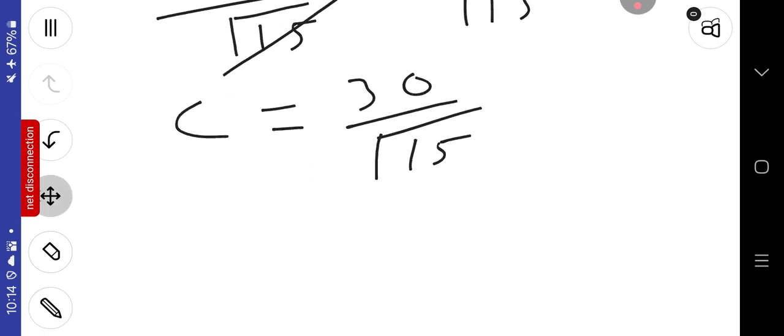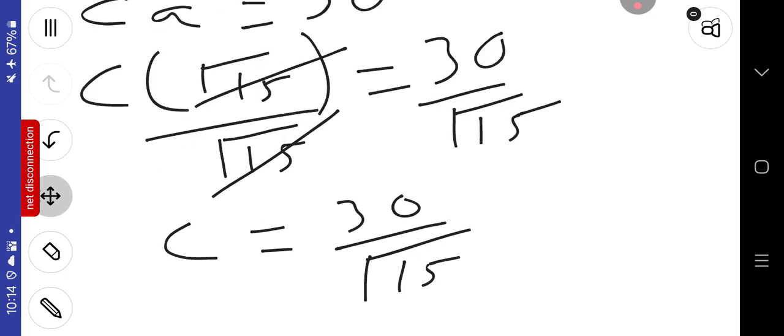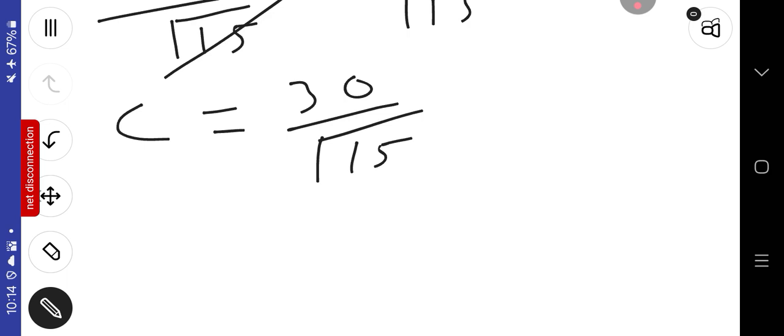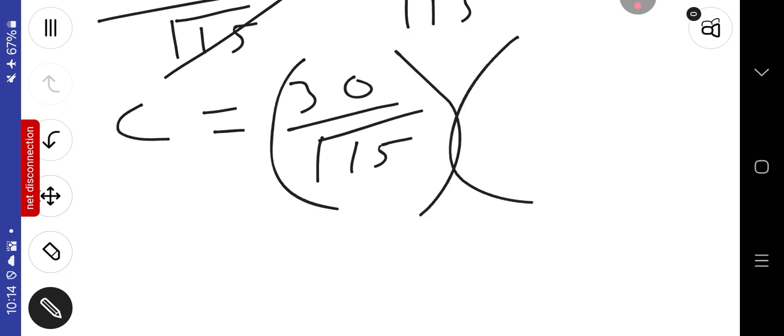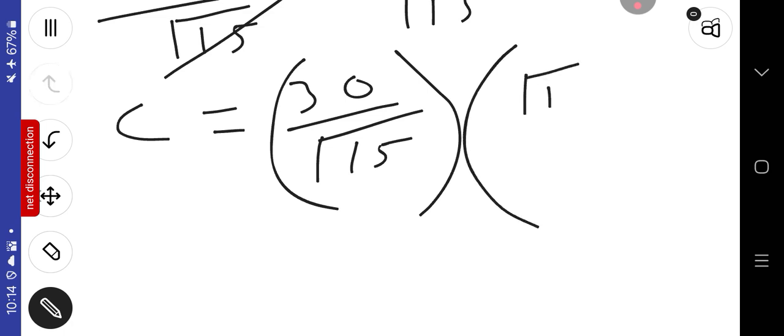Now we are going to rationalize. So you're going to multiply both sides by the square root of 15. Square root of 15 over square root of 15.